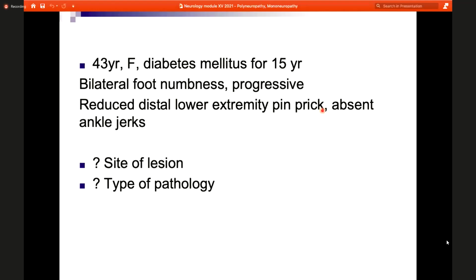But leaving that alone, what is the type of sensory impairment you get if there's a cerebral cortical involvement? Can someone tell me? Bilateral sensory loss. Yeah, what sort of sensory loss do you get in a cerebral cortical involvement? Do you know?